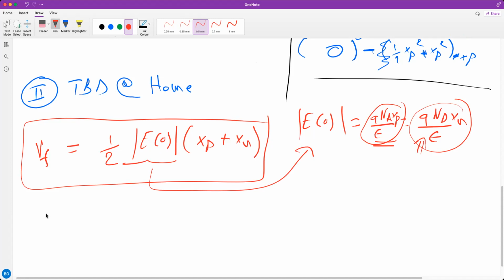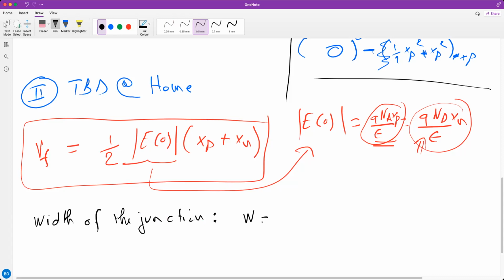Obviously, we are interested in calculating the width of the junction. What is the width of the junction? Exactly, xp plus xn.